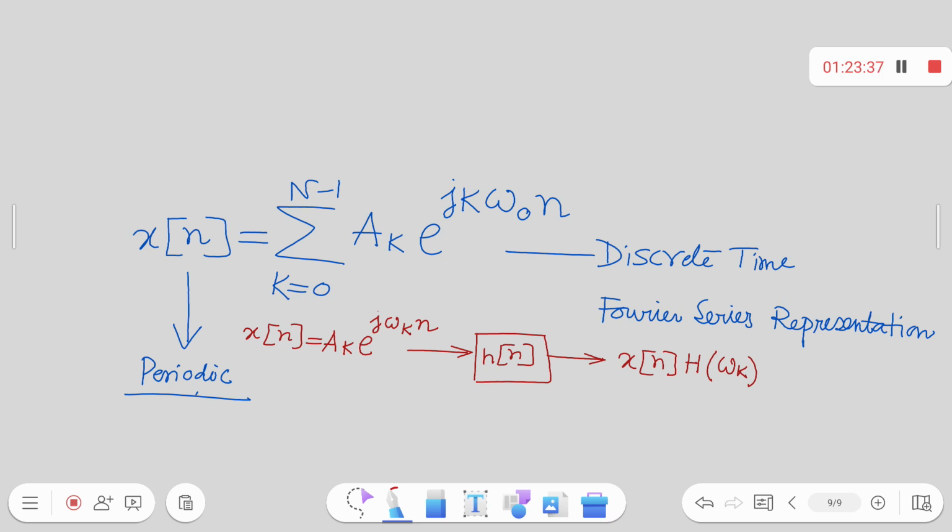And that is the basis of any frequency response of any kind of system. If you open any book on signals and systems or digital signal processing, you'll see that the expression for the Fourier series is given by this one, the expression for the Fourier transform is given by this one, and the expression of the Laplace transform is given by this one.